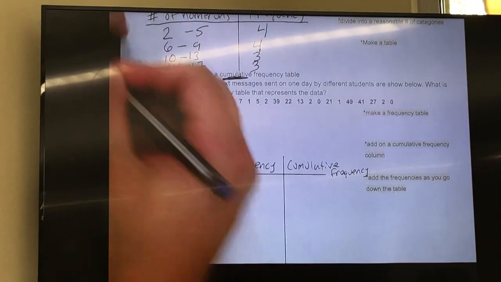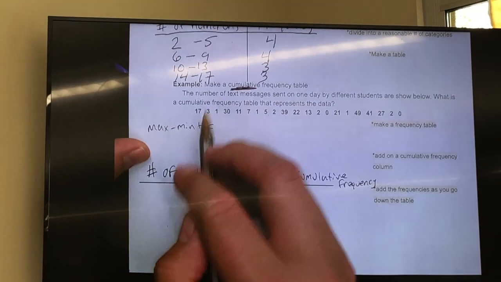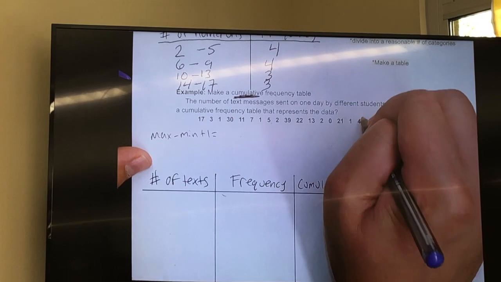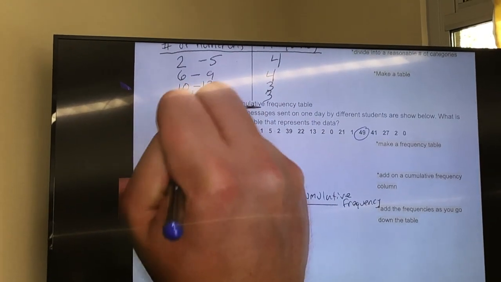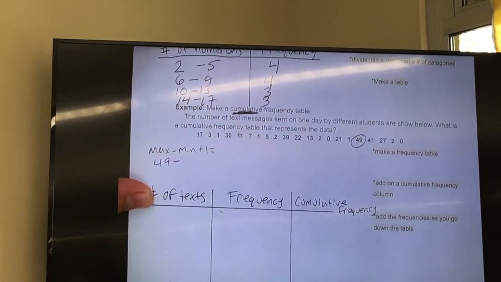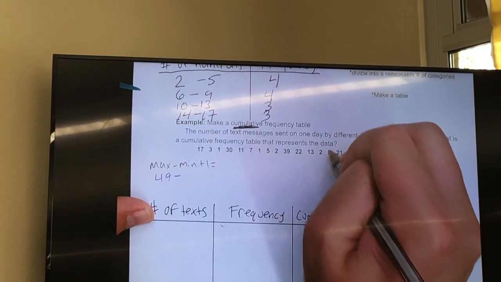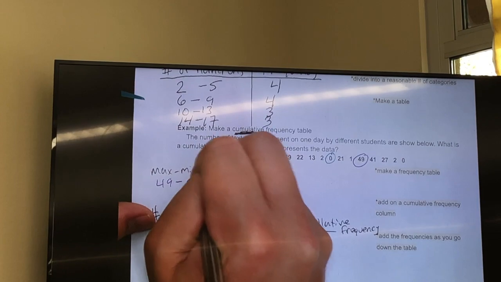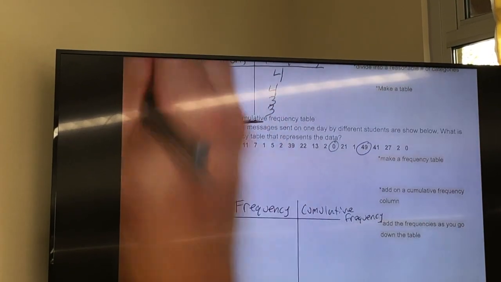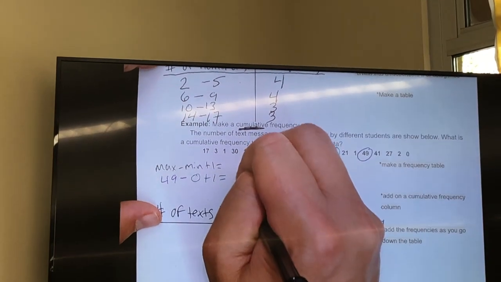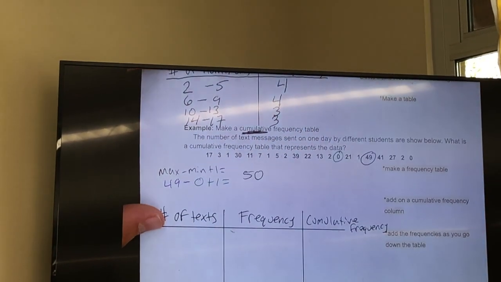My max is going to be that 49. My min is going to be 0. So 49 subtracting 0 plus 1 should give you the number 50.